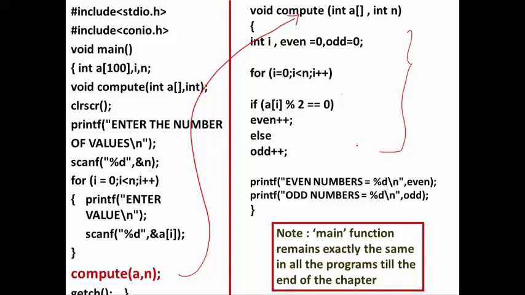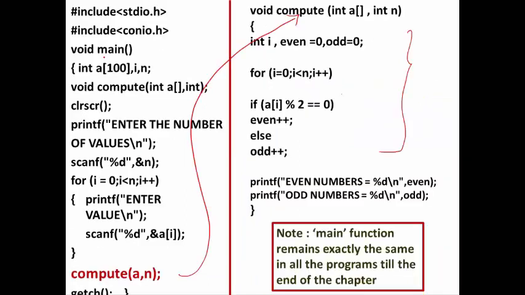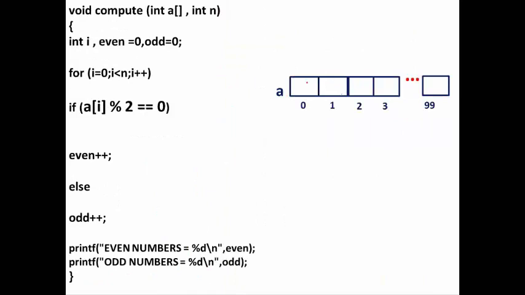Now I'll just show you how exactly this function is working. I didn't have space on this particular slide, so I've just taken the function and come to the next slide. Suppose the values that you've read, n is 4. Say you've read the values 5, 8, 7 and 9. Suppose this is the array. Now observe how I am going to check whether this is even or odd. मैंने दो वेरिएबल बनाए हुए हैं, एक का नाम है even, एक का नाम है odd.